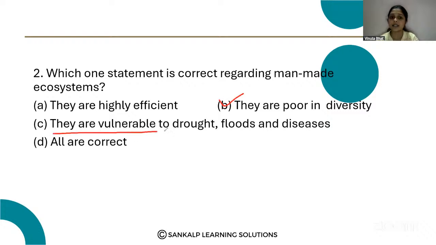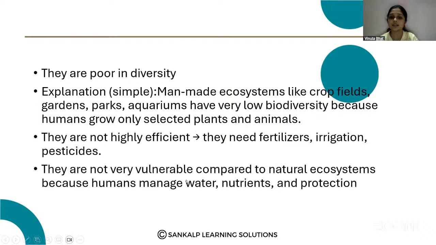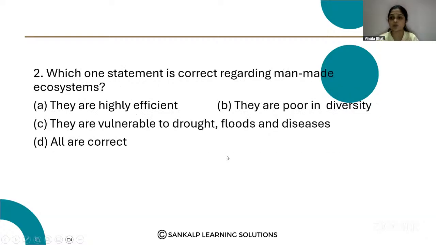They are vulnerable to drought, floods, and disease. So they are not vulnerable to drought, flood, and disease. Why? Because compared to the natural ecosystem, they manage the water and nutrients, and protect the soil by growing some plants.